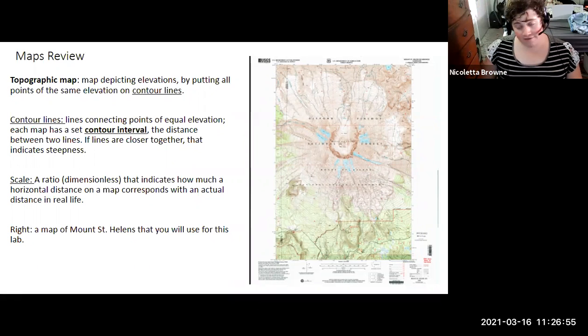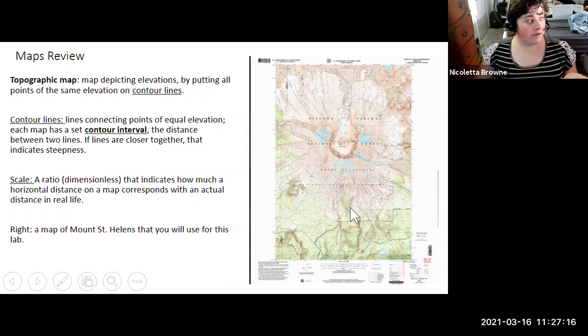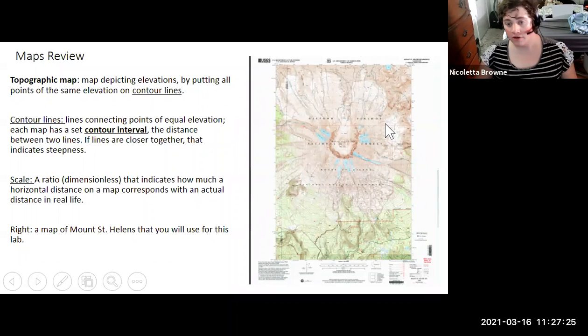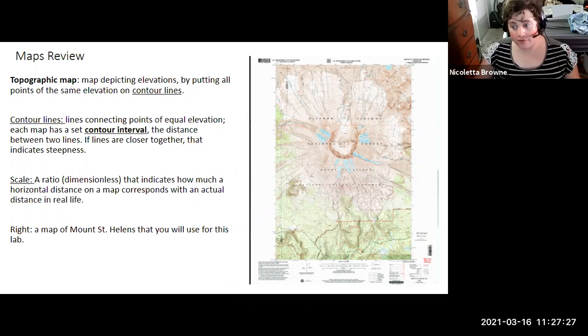It can also indicate a cliff, basically going up a vertical, sheer slope. And that is useful for studying volcanoes because volcanoes that experience different eruption styles have mountains that end up with different shapes, and the contour lines can indicate that. So this is a contour map of one of the volcanoes you'll be looking at today, Mount St. Helens, and there is a larger, better resolution version of this PDF that you can download within the exercise itself.